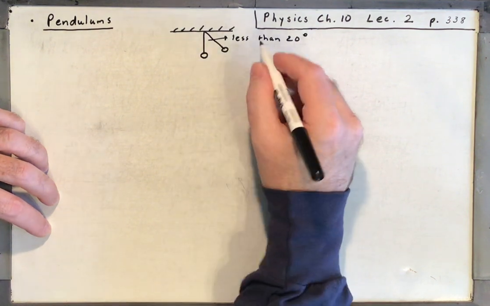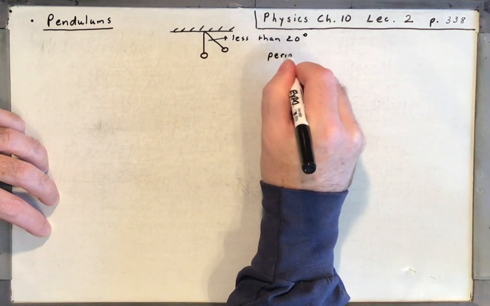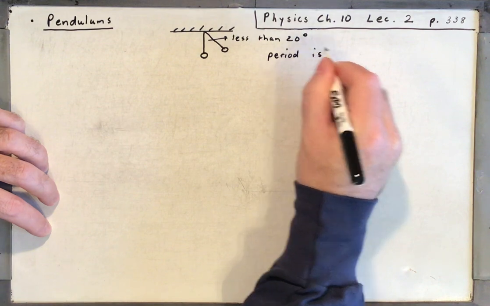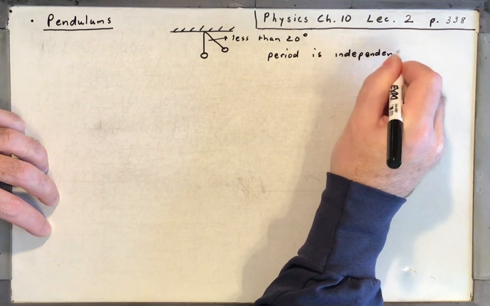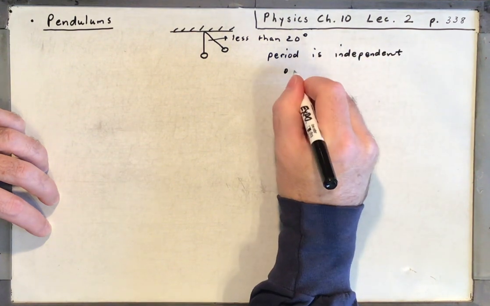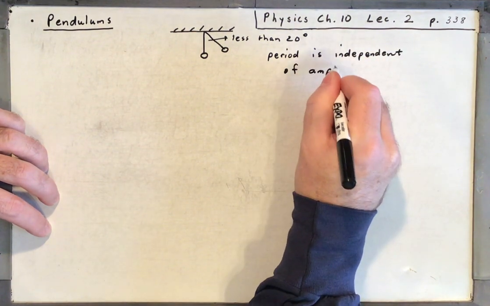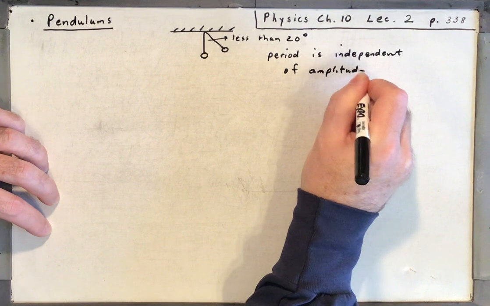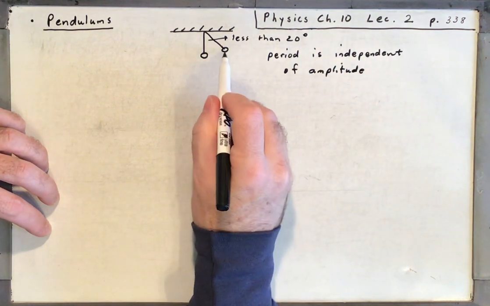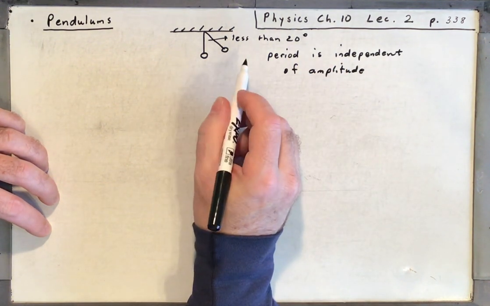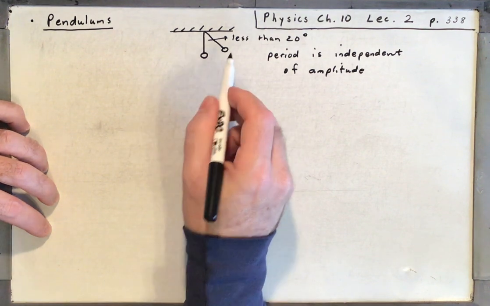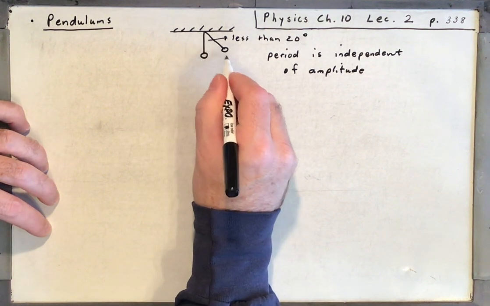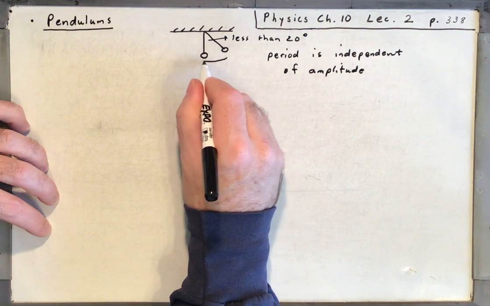So period is independent of amplitude as long as it's less than 20 degrees. If you get more than 20 degrees, you're looking into more of circular type motion, okay? So the period of a pendulum is the time it takes, let's say you pull it out this much, for one cycle.